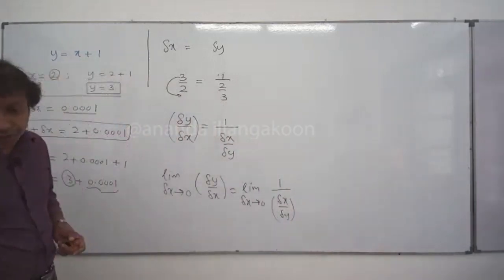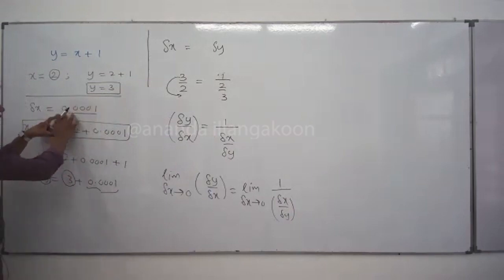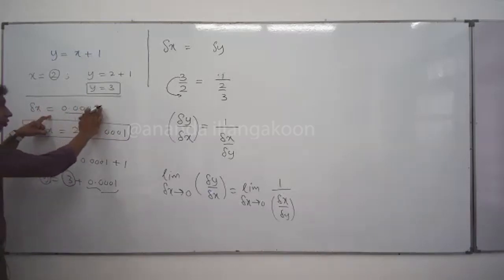People, what is the meaning of delta x going to 0? Here we said this delta x is this much. Delta x going to 0 means this value will be coming to 0. It is not 0 but very close to 0. It means this figure is gradually coming to 0.